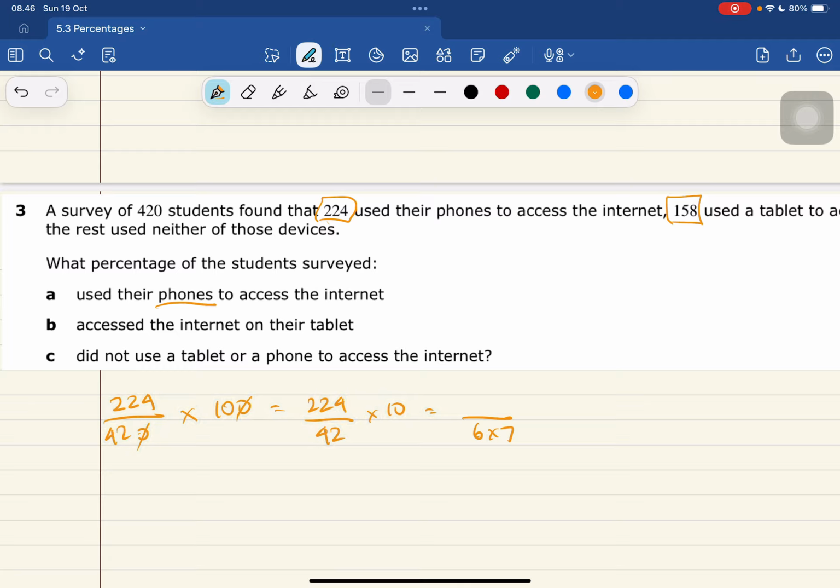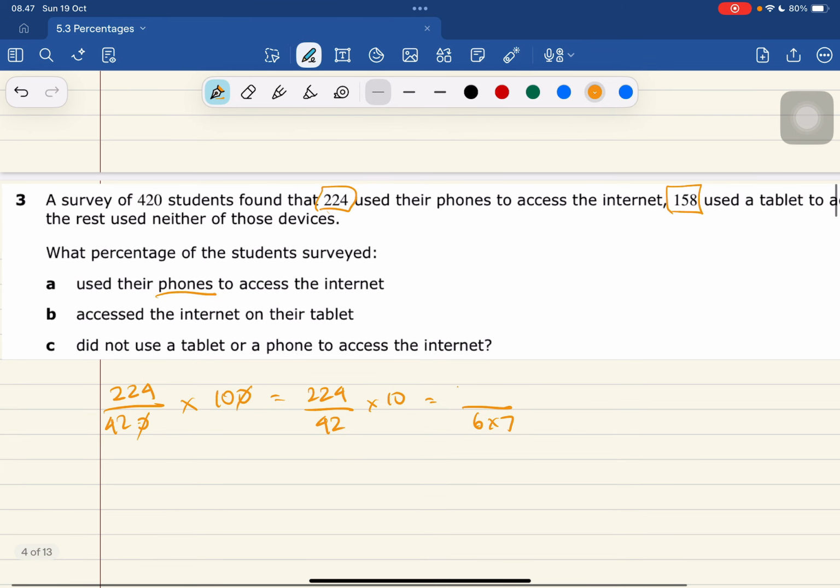Let's check it. 224 is 32 times 7 and then times 10. Okay, we can simplify it. 7 and 7 cancel, it's going to be 1. 32 divided by 2 is going to be 16. So it's 16 times 10 over 3. Okay, we just multiply it. So this answer is going to be 53.33%. This is for A.